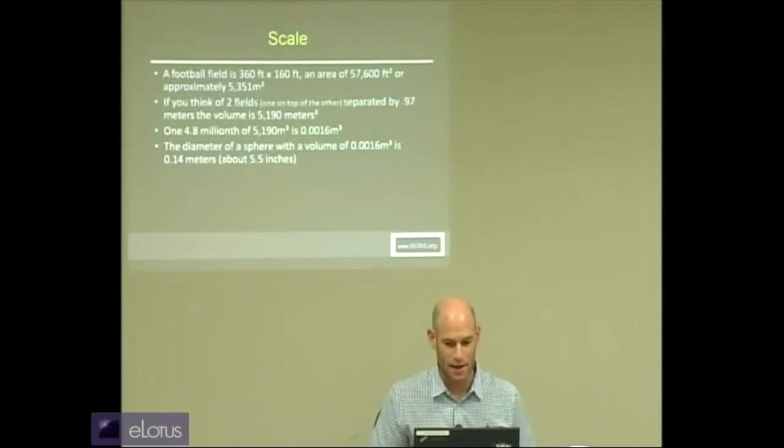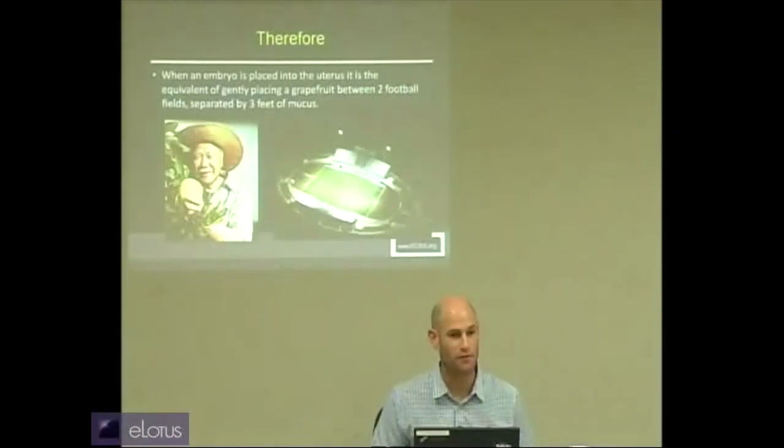And if you figure out what the diameter of that would be, it comes out to about 0.14 meters, or about 5.5 inches, which is about the size of a grapefruit. So, if you were to take the field in San Jose, where they're playing the Super Bowl today, and you got all the players off of it, and you took a grapefruit.